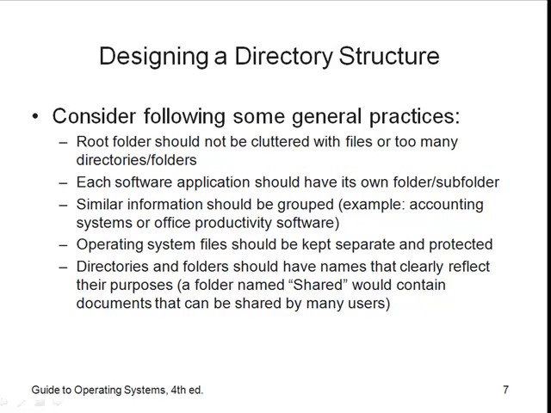When designing a file directory structure, let's consider some of these general practices. As I said before, the root folders should not be cluttered with files or too many directories or folders in that directory. Each software application, of course, should have its own folder or subfolder, and it's particularly true if you have multiple versions of the same software application that are going to be running in unison.